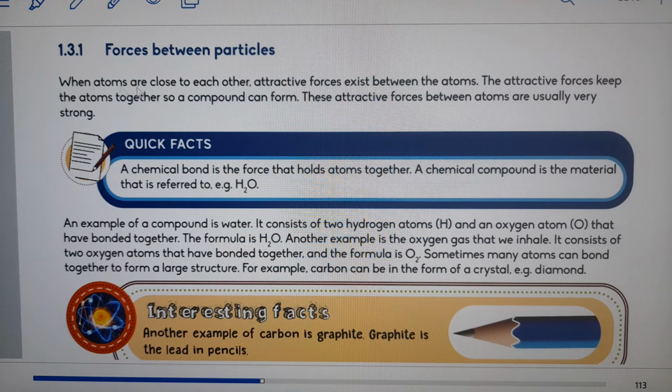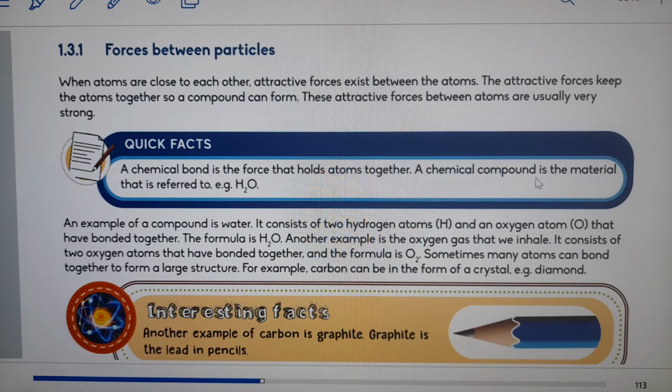The attractive forces keep the atoms together so a compound can form. These attractive forces between the atoms are usually very strong. A chemical bond is the force that holds atoms together. Now we know what this force is. It is a chemical bond. Forces between particles are chemical bonds.